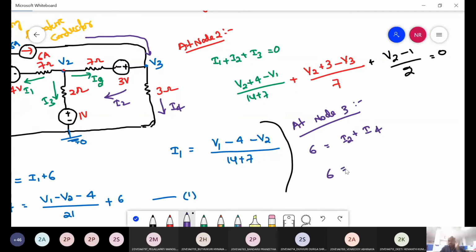Then 6 is equal to, what is I2 here? V3 minus V2 with the minus 3, and the resistor is 7, plus I4 is equal to, V3 volts is there, here 0, that is V3 minus 0 by 3 ohms.